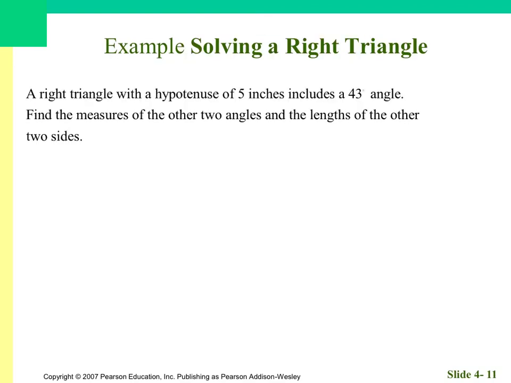Alright, a right triangle with a hypotenuse of 5 inches includes an angle of 43 degrees. Well, that means the other one's 47.